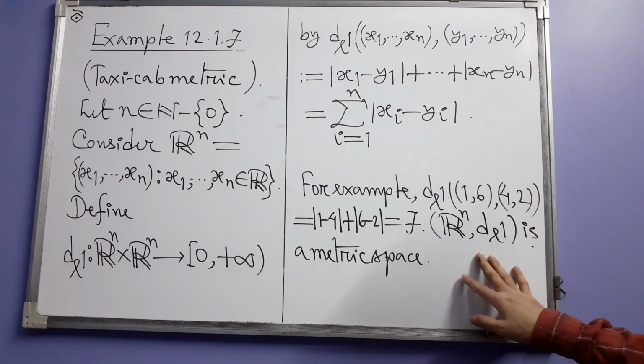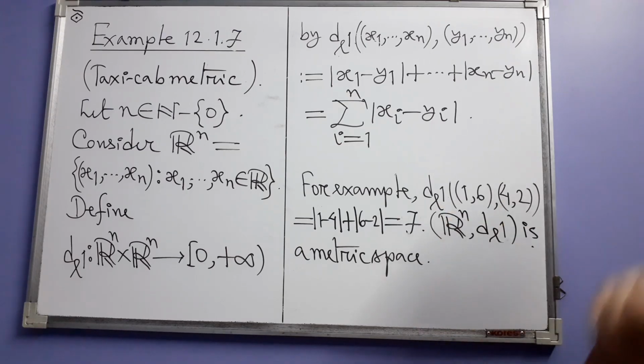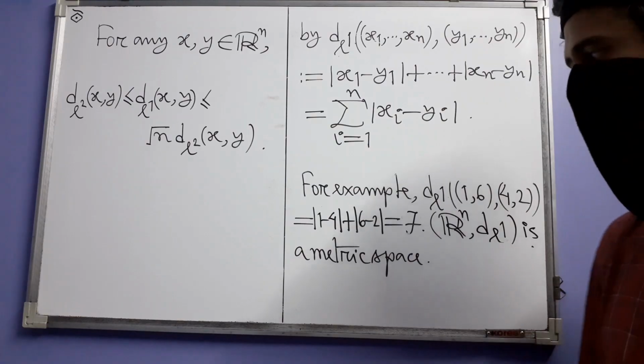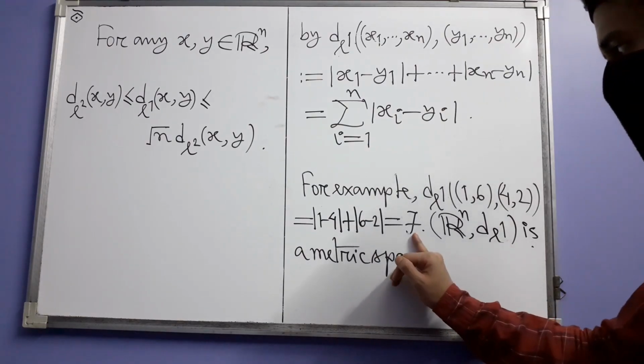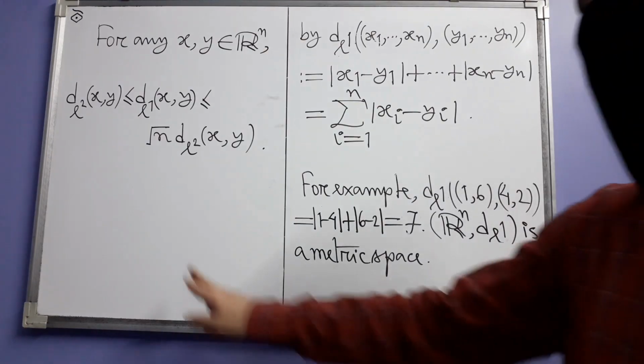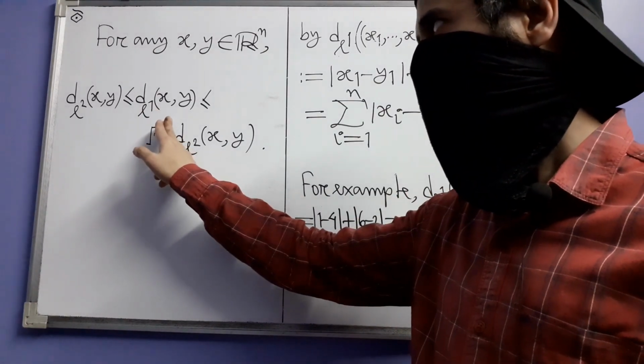Now there is a relationship between these two metrics, which is given by these next inequalities. The fact that this 7 is greater than that 5 can be seen more generally here.